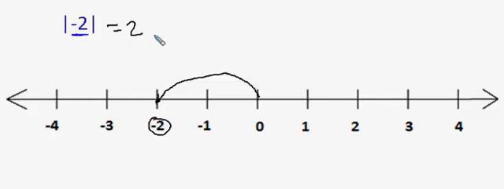Now to do a very similar example, suppose I didn't have just the absolute value of -2. Suppose we had a problem where we wanted the opposite of the absolute value of -2. So let me use the result from here: we just said that the absolute value of -2 represented the distance that -2 was from 0, and that piece of it came out to be +2.